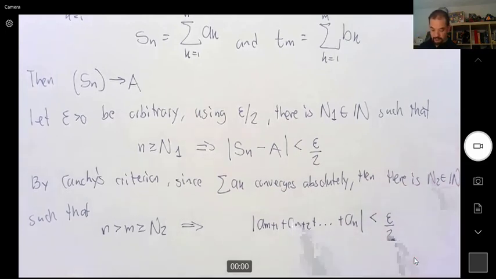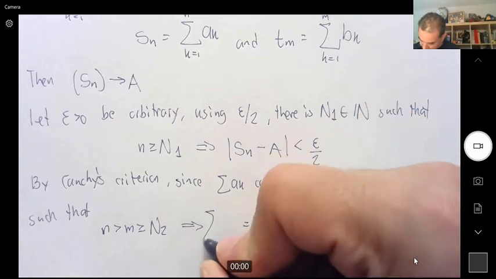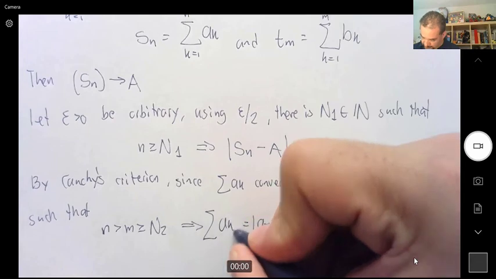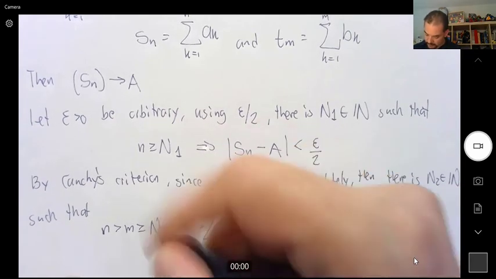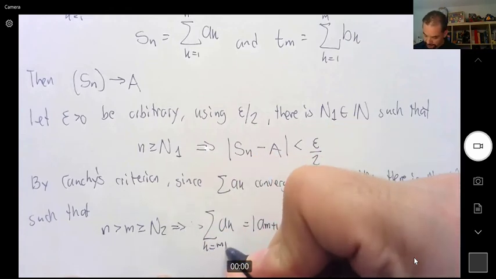You'll notice that I left a little space here, because I'm going to write it like the sum of a_k, using the sigma notation, from m plus 1 to n.